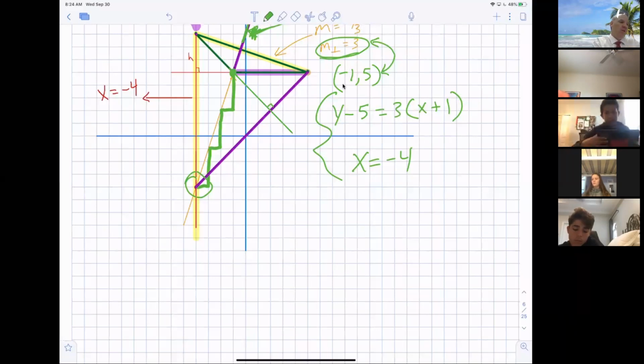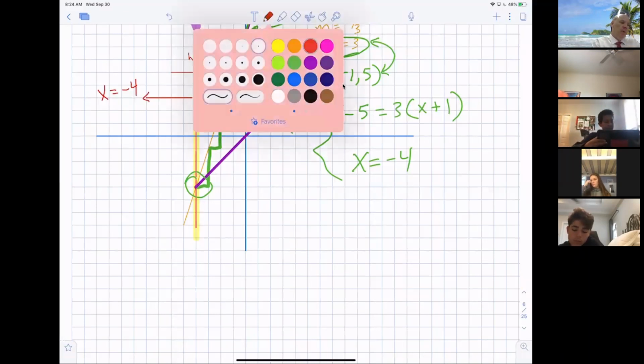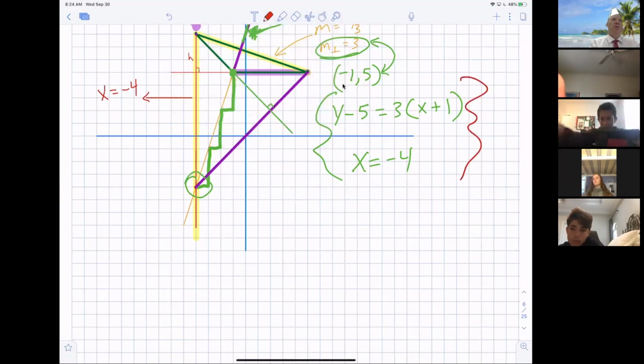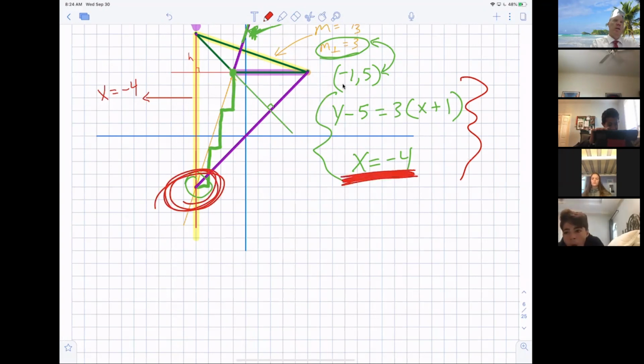Now, if you don't know, now's the time to speak up. These are the two equations, right? Of both of those lines. I'm trying to find this point right here. We know the x-coordinate because the x-coordinate is always what? Negative 4. So how do I find the y? Plug in negative 4 for x.